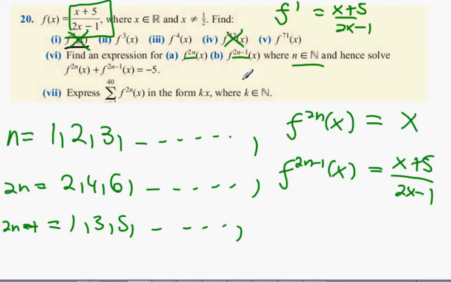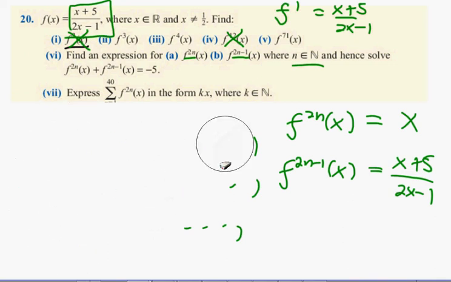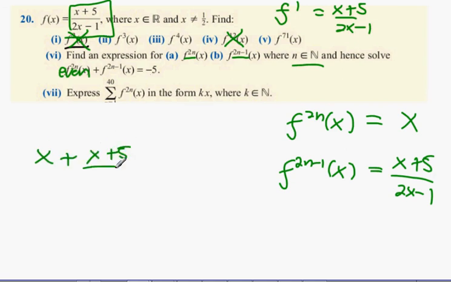Now guys, it then says, hence solve this equation. How do I solve this equation? What do I say f of even is? Even is x. Odd is x plus 5 over 2x minus 1. And the answer has to be minus 5.